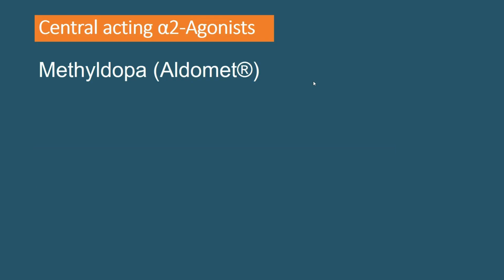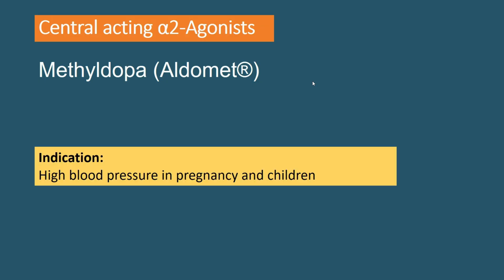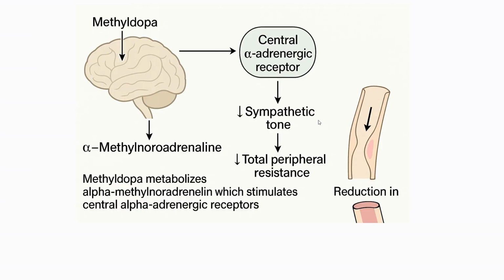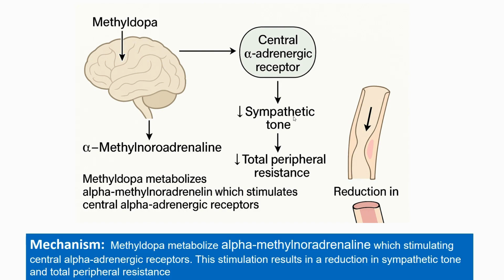The next drug is methyl dopa. The brand is Aldomet. Methyl dopa is primarily used for high blood pressure in pregnancy and also in children. So methyl dopa basically metabolizes to alpha methyl norepinephrine, which stimulates the central alpha adrenergic receptors. So as a result of that, this can be used for pregnancy.